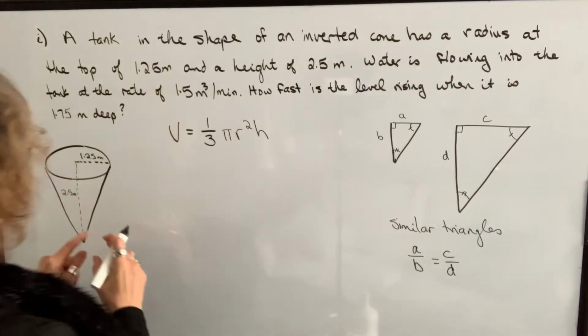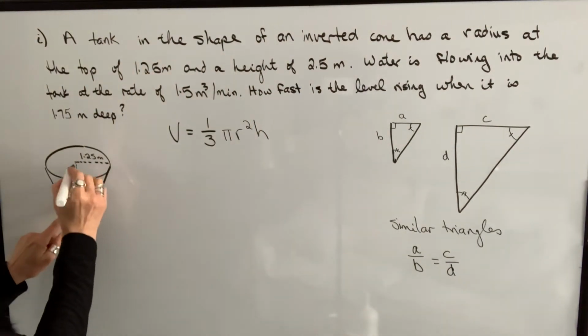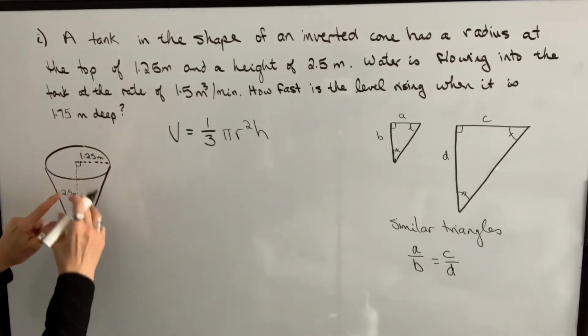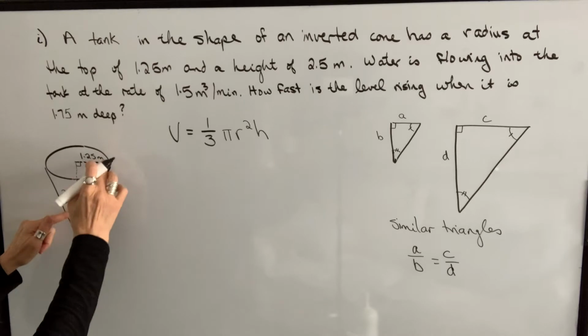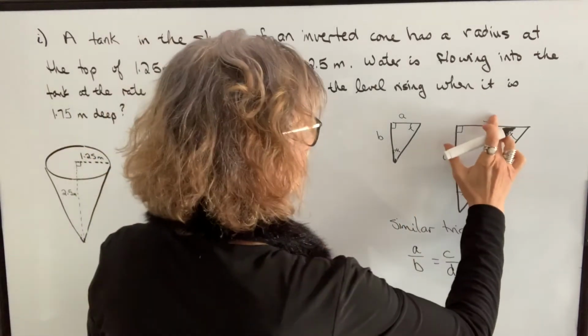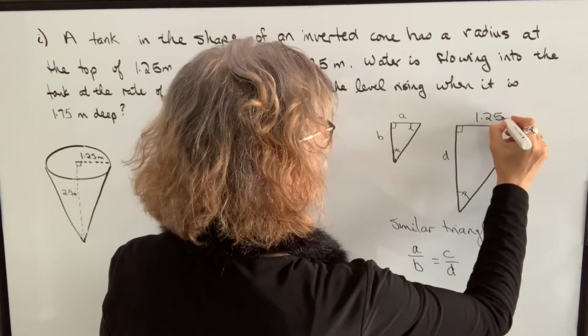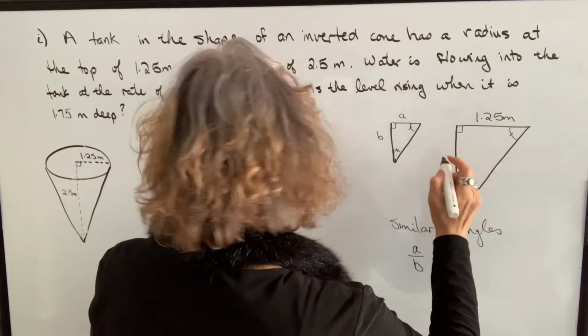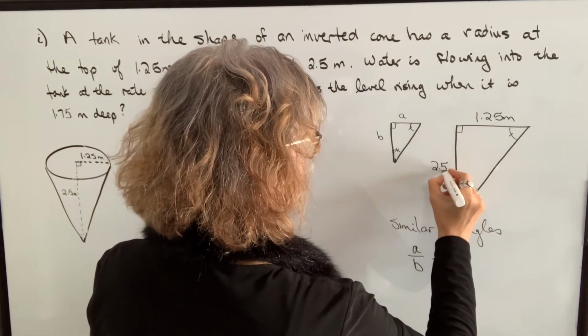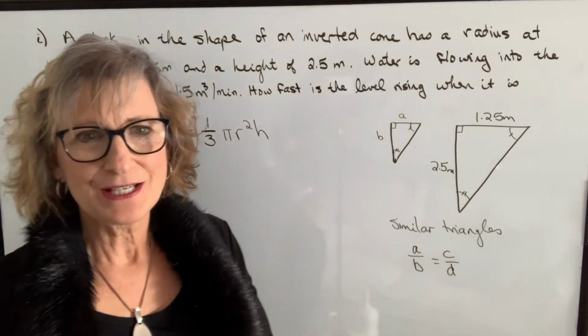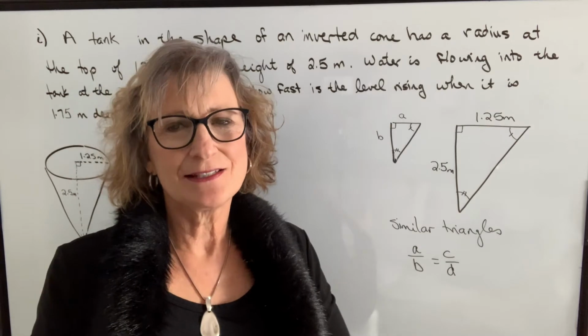I know that if I were to take a cross section here, split this down the center, I've got a right triangle where this is 1.25 meters and this is 2.5 meters. Again, I'm picking nice easy numbers in these examples just to try to make it as easy as I can.